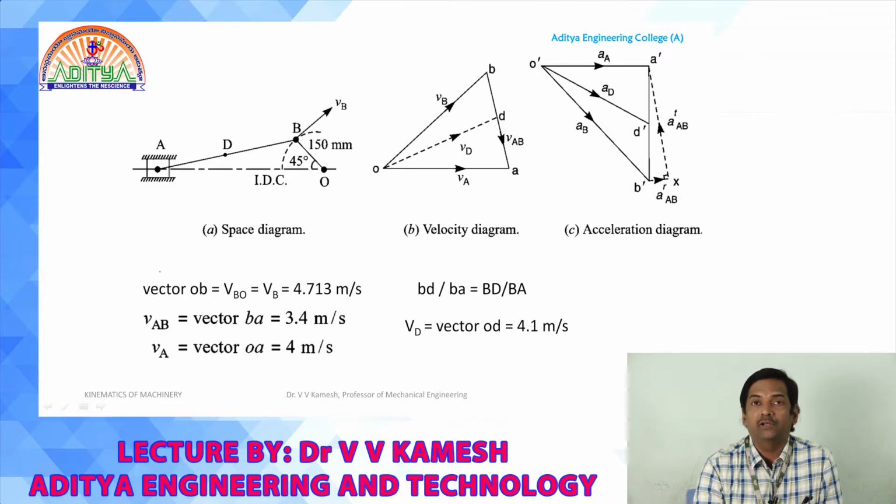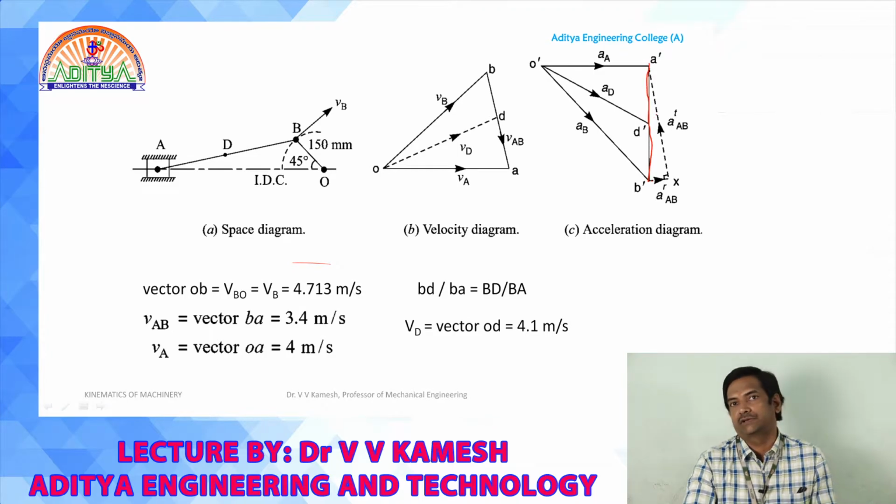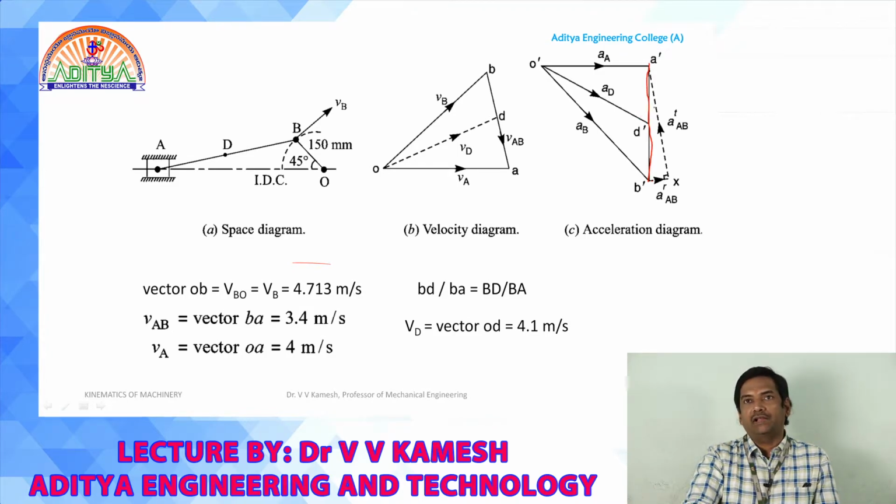Now, what we need to do is join this B dash point with A dash, because already this B dash point is identified. From this B dash, we need to draw a line to A dash. Now, what does it indicate?